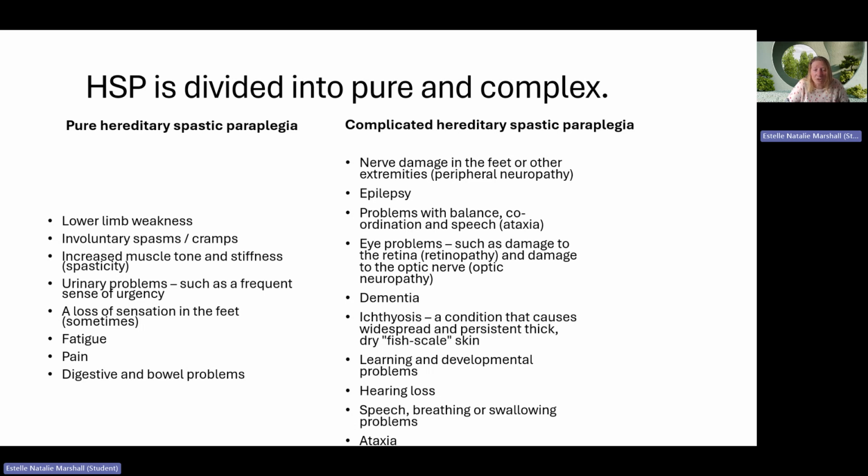It can cause dementia, so learning problems, hearing loss, speech, memory problems, speech, breathing or swallowing problems. Okay. So we're just going to have a look at a few of those symptoms in more detail.